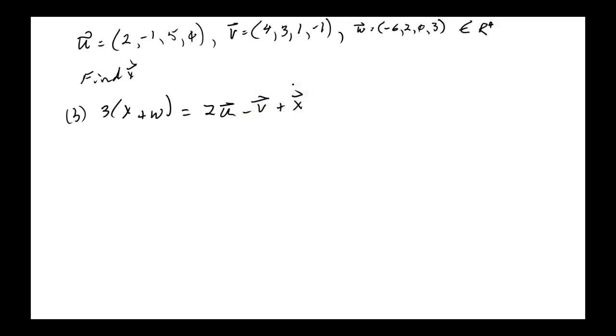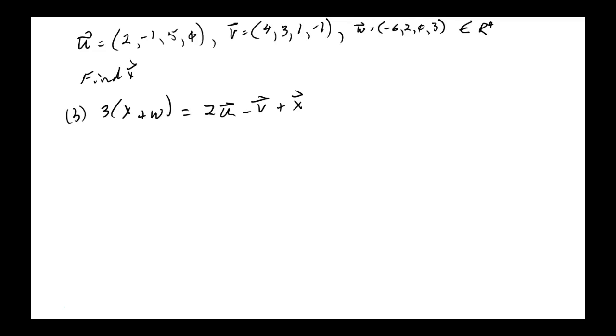Now, you really have a couple choices here. It's kind of like when we're solving problems that have formulas and you're plugging things in. If you're solving for something that's mixed up in there, you can either solve for the variable first and then plug the numbers in.